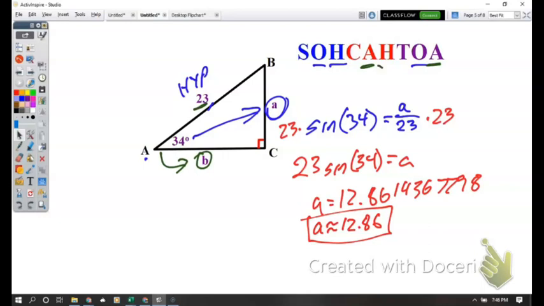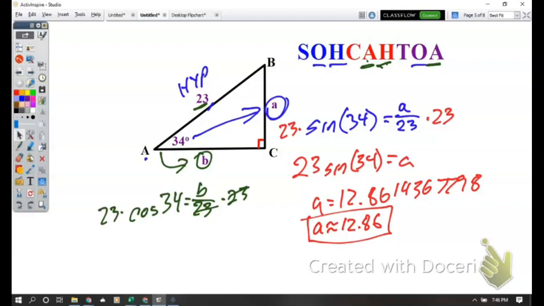So I'm not going to use tangent, I'm going to use cosine, which is adjacent and hypotenuse. So the cosine of 34 degrees is equal to my adjacent, B, which I've got to figure out, over my hypotenuse, which is 23. So once again, I want to multiply both sides by 23, so I can get that off the bottom there.